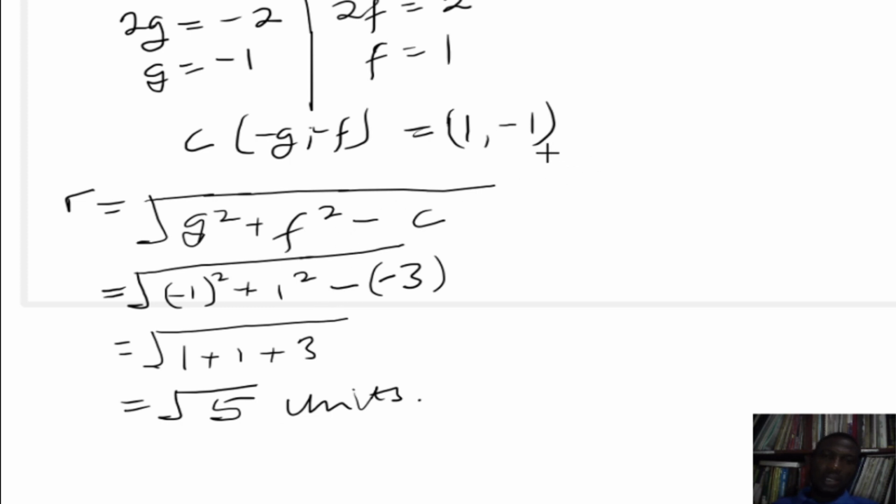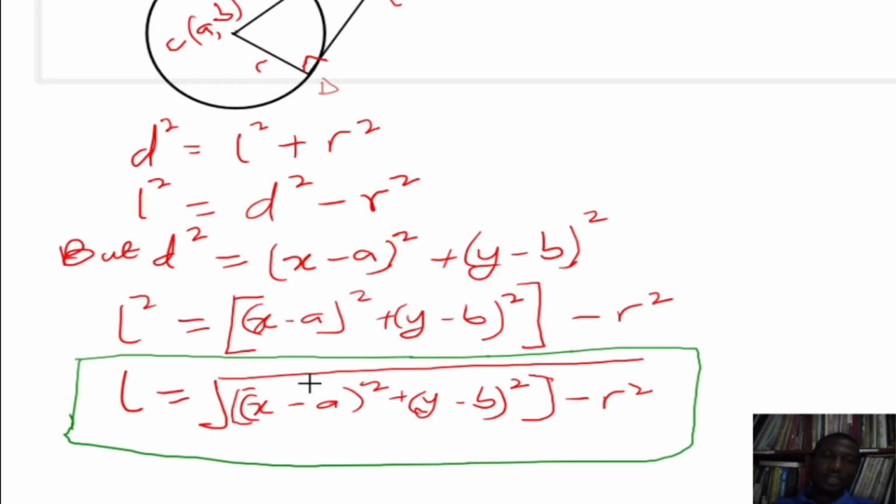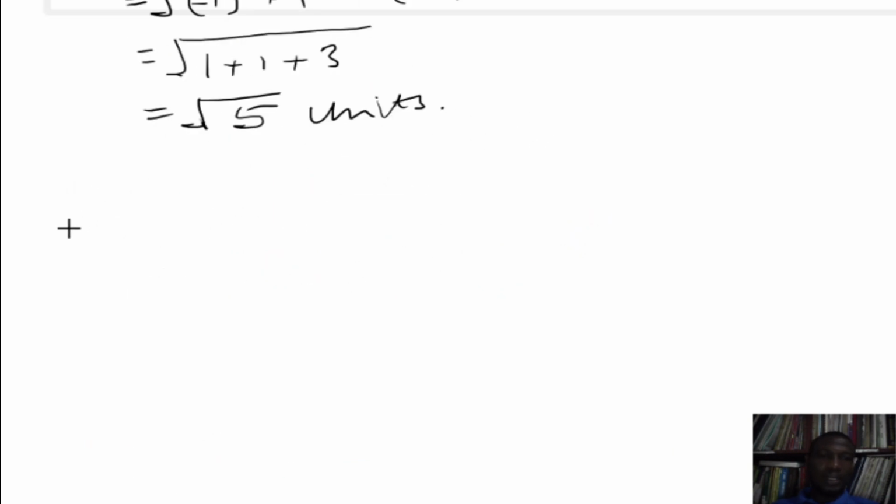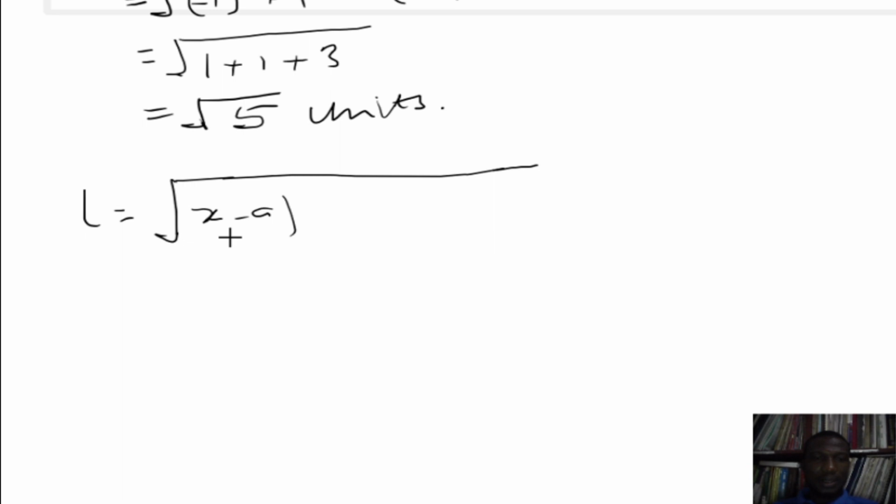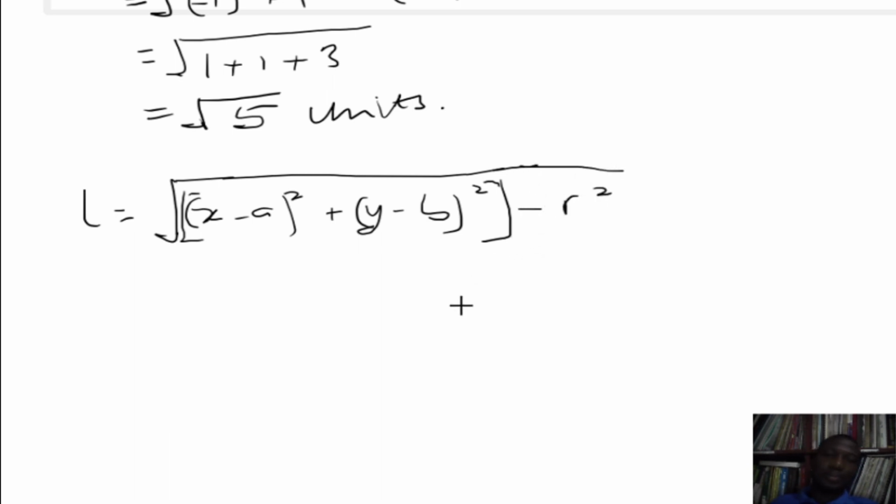Now that we have the center of our circle and the radius of the circle, we are just going to fit it into this formula here, and then we use it quickly. So by that, our L equals the square root of x minus a all squared plus y minus b all squared, and the whole of this minus r, which is the radius, squared.